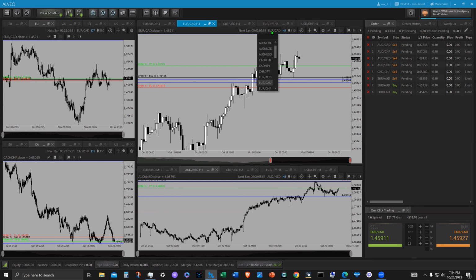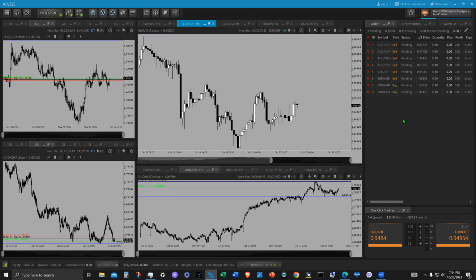Euro Swiss. And I'm not going to worry about, am I in too many pairs on one pair or one currency. I'm just going to trade the pattern.